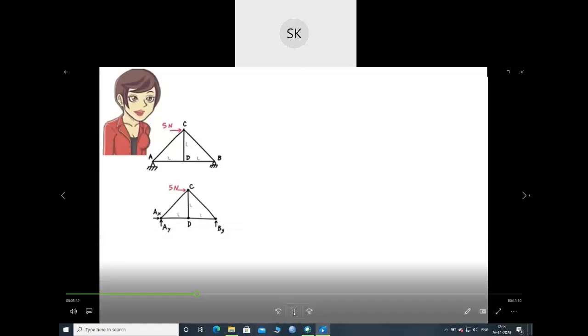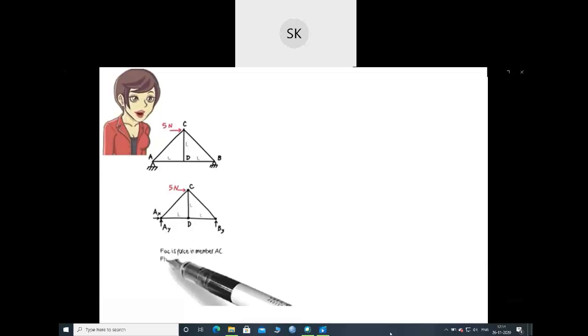Keep in mind that each truss member carries an axial force only. Let's refer to the axial force in member AC as FAC. Similarly, let's call the force in member BC FBC.